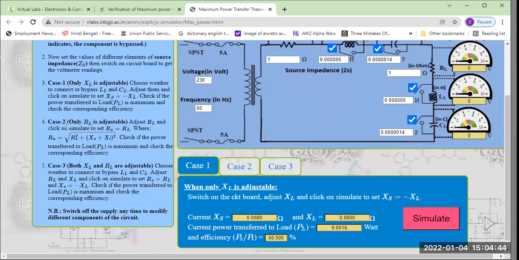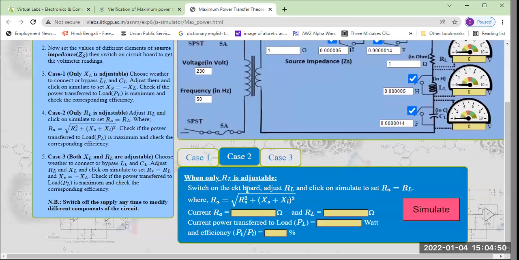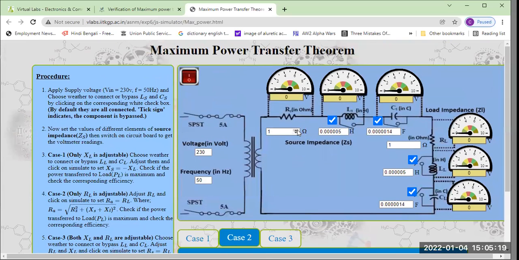For the case 2, only RL is adjustable. Okay, for the case 2, you can see only RL is adjustable, and click on the simulator RA and RL, where RA is root under RA square plus XS plus XL whole square. Check if the power transfer to the load PL is maximum and check the corresponding efficiency. Look, only we can adjust this.